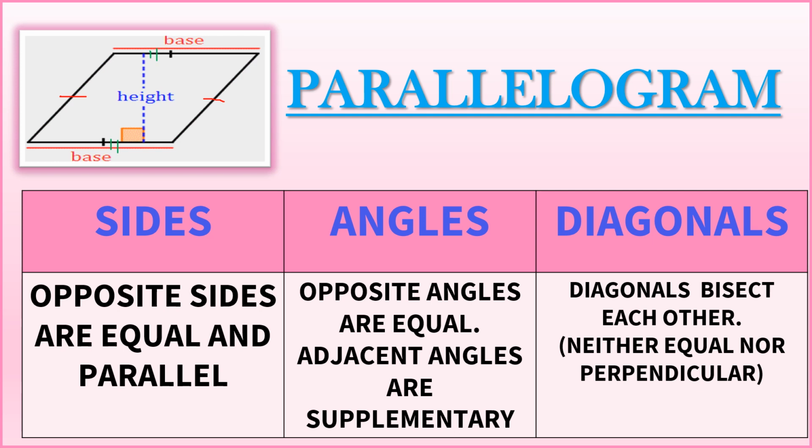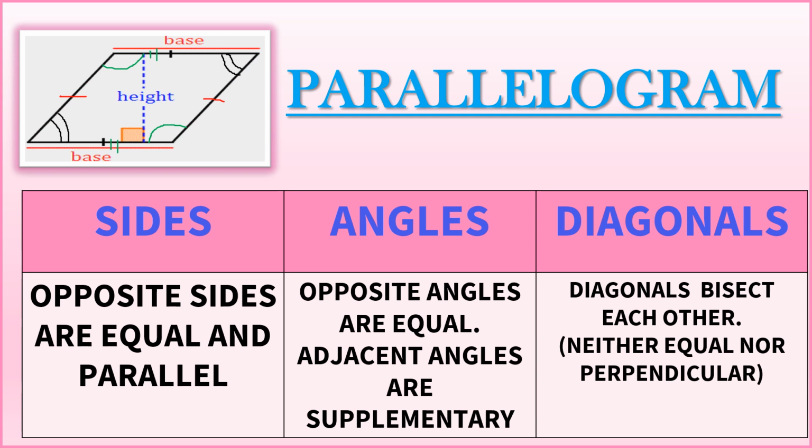And angles, the opposite angles are equal. That means this angle will be equal to this angle, and the other way, this angle will be equal to this angle. That means the opposite angles of a parallelogram are equal, and also the adjacent angles are supplementary.